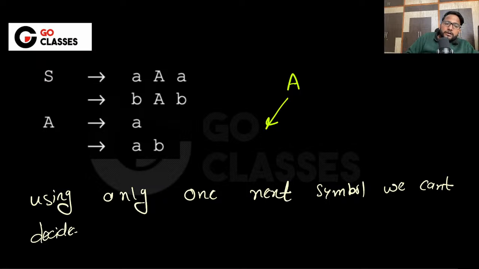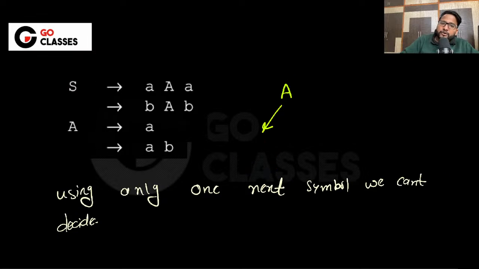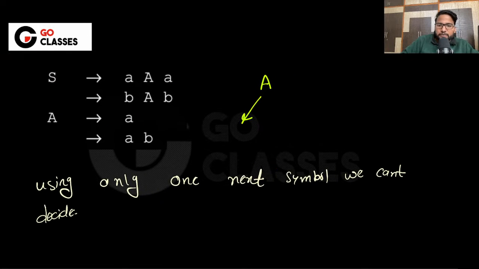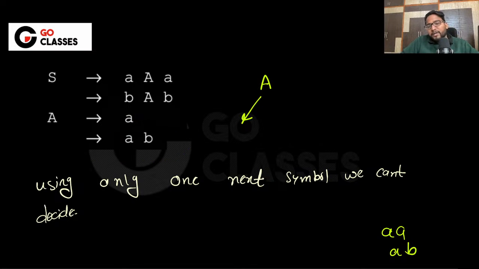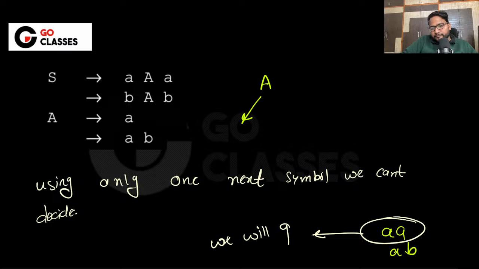Okay. Now the second point here is that if the next symbol is given to be small a or small a small b, if it is given to be small a, then will you ever go for this? No, right? So if it is small a, then it is fixed, and we will go for A gives a.